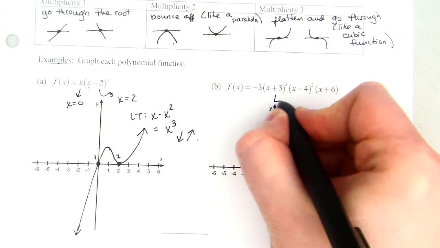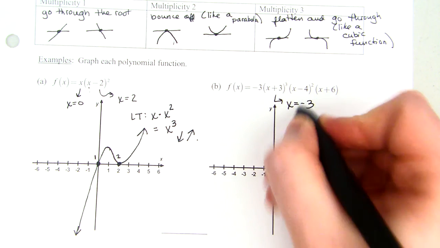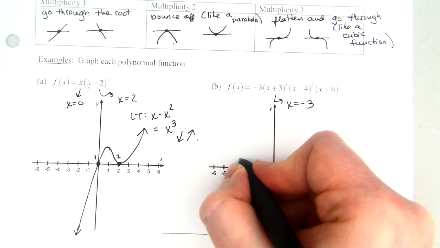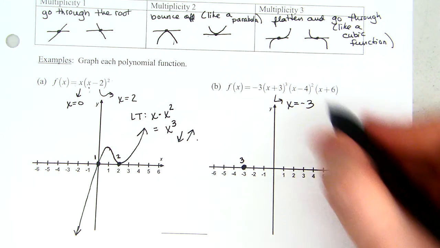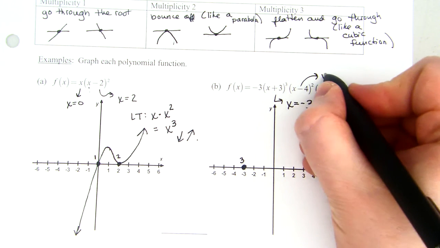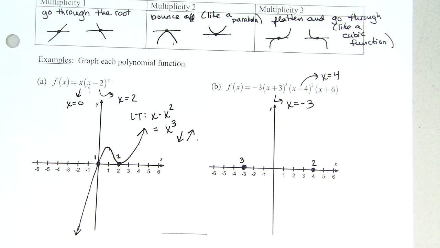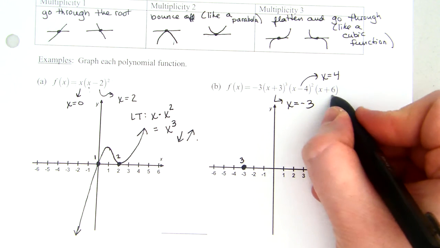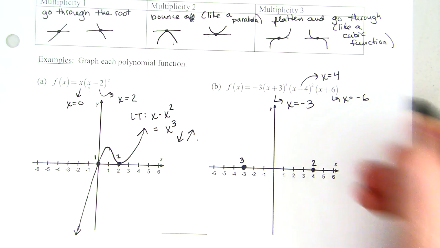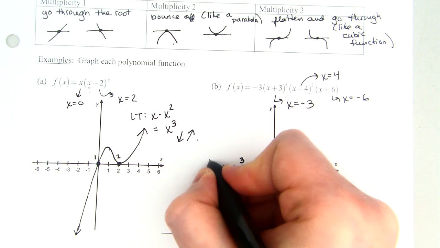X plus 3 gives me x equals negative 3, and that has a multiplicity of 3, so I'll stick a little 3 by it. X minus 4 gives me x equals 4. Has a multiplicity of 2, so I'll stick a 2 by it. X plus 6 is going to give me x equals negative 6, and I'll stick a 1 by it.